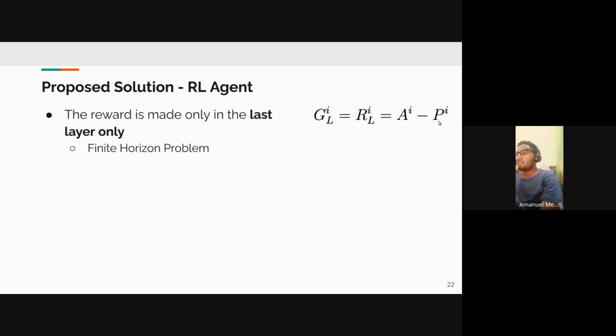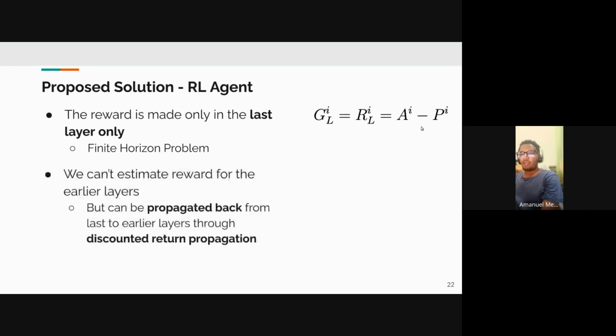I think P should have been L here. Anyway, our reward is A minus L, and we cannot estimate reward for the earlier layers because we don't have any ground truths. So the only way is to propagate back from the last layer's reward to the other layers through discounted reward propagation.